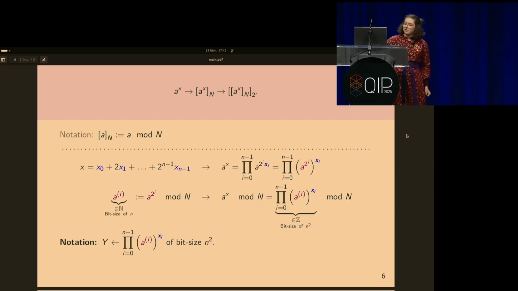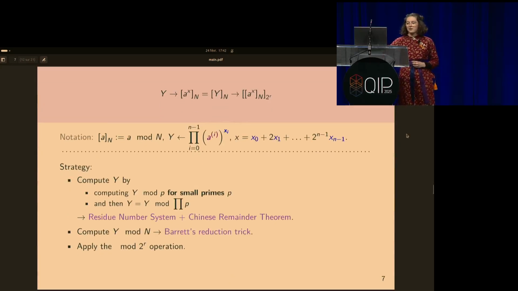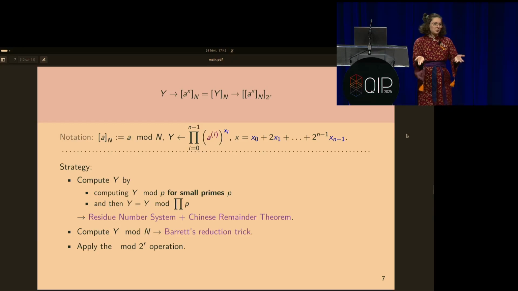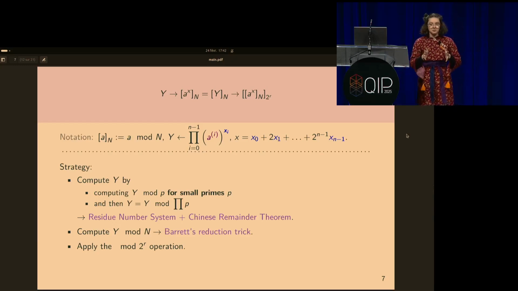So now our computation sequence has changed again, and we want to compute the integer y that I just presented, then modulo big N, and then modulo 2 to the power of r. To do that, the general strategy is going to be the following. First, we are going to concretely compute y by computing the value of y modulo a set of several distinct, very small prime numbers p.